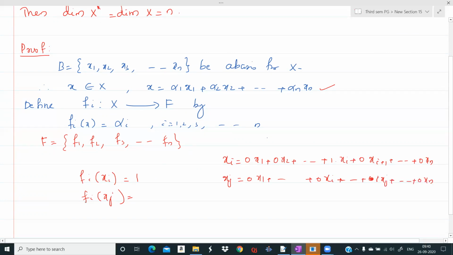In this representation, fi of xj is the coefficient of xi, which is 0. So our defined functions fi, i from 1 to n, satisfy the condition that fi of xj equals 1 if i equals j and equals 0 if i not equal to j.